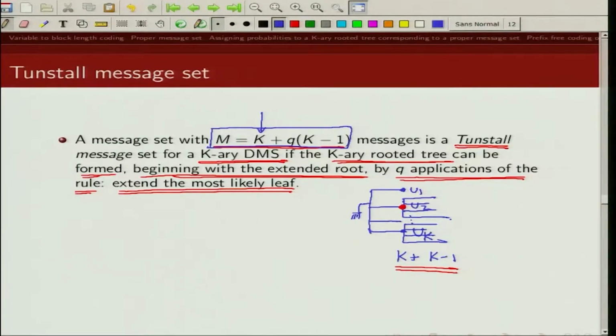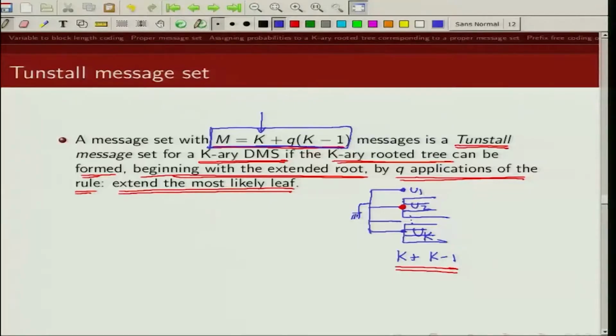So the total number of leaves I can get if I extend a node Q times, starting with an extended root, is given by K plus Q times K minus 1, where Q is the number of extensions I have done from this extended root.